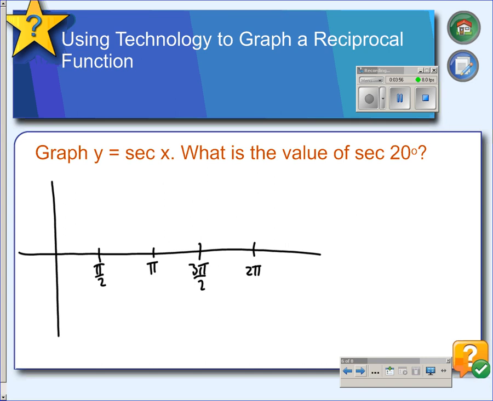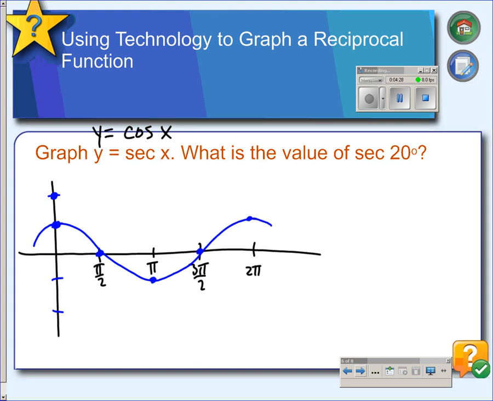The reciprocal of the secant is the cosine of x. So if we were to graph the cosine of x, we know that it would start at the amplitude. It would go down to equilibrium, down to a minimum amplitude, equilibrium, and back to maximum. So this is what the cosine looks like.